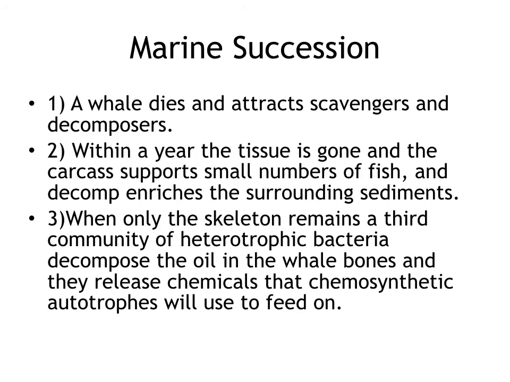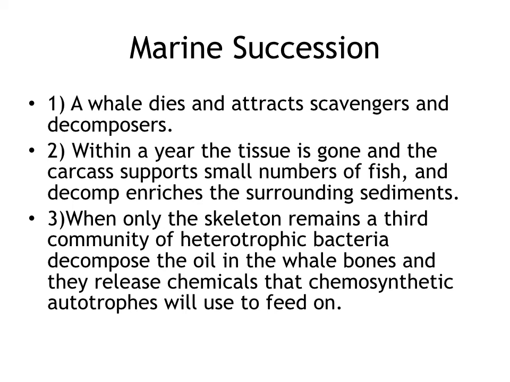So marine succession, just to give you an idea here, this is an example from the textbook, not necessarily going to be on your test. A whale will die and attract scavengers and decomposers. Within a year, the tissue is gone, and the carcass supports a small number of fish, and the decomposition enriches the surrounding sediments.